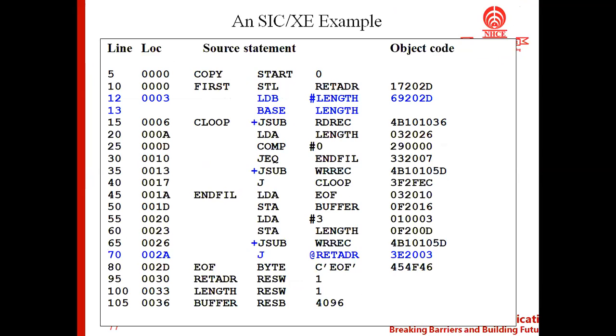And you know that the instruction format of line number 10 is format 3, so obviously it takes 3 bytes. So you can identify the PC. PC is nothing but the address of the next instruction. So what is the address of the next instruction? 0000 plus 3, which is 0003. So 0003 is the PC value.